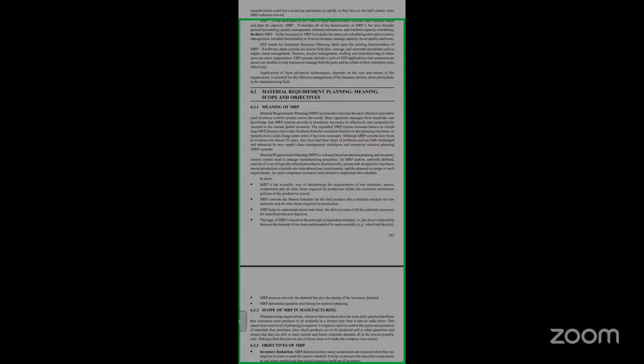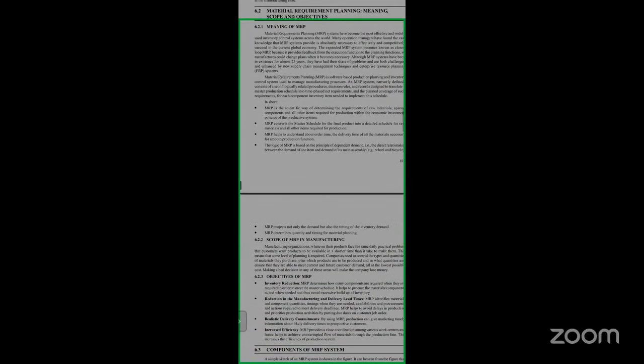And even MRP helps to understand order time, the delivery time of all the materials that are necessary for smooth production function. The logic of MRP is based on the principle of dependent demand, that is the direct relationship between the demand of one item and the demand of its assembly, like wheel and bicycle.